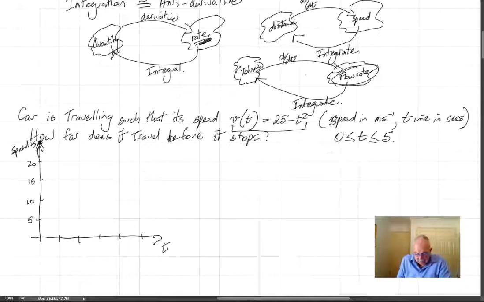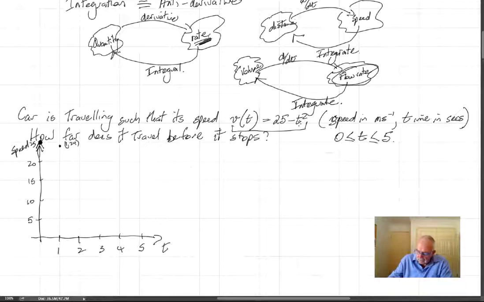So that's way up there. 1, 2, 3, 4, 5 seconds. When t is equal to 1, 1 squared is 1, so it's going at 24 metres per second. So that's the coordinate (1, 24).